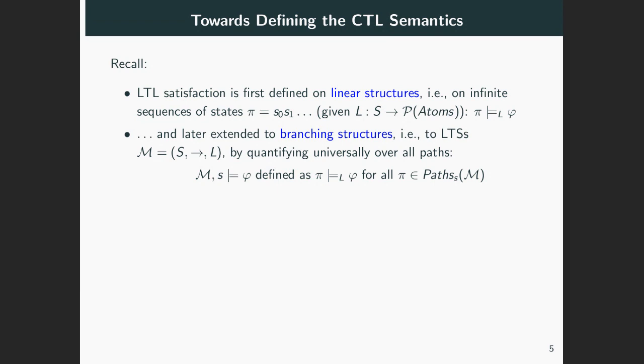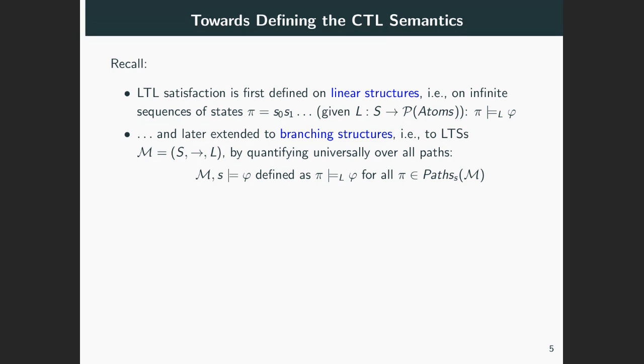This means that the branching structure of an LTS, that is, the realm of transition possibilities in each state, was not contemplated directly in LTL semantics, but only indirectly via all possible paths. One can say that in LTL, all the possible futures of the world are packaged in the form of infinite paths.